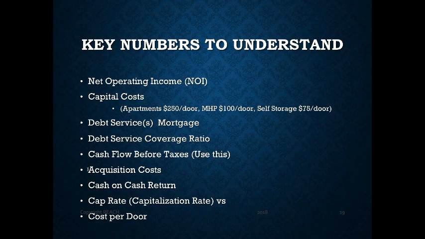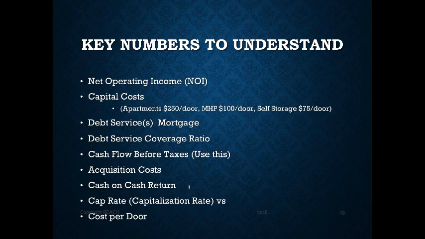And the total acquisition costs are not just your down payment. Those total acquisition costs are going to include all of your closing costs, your lawyer's fees, your third-party reports, which are like the appraisal, the phase one.